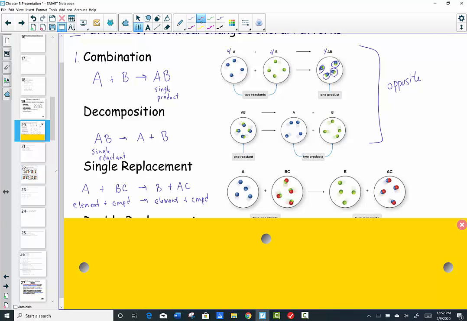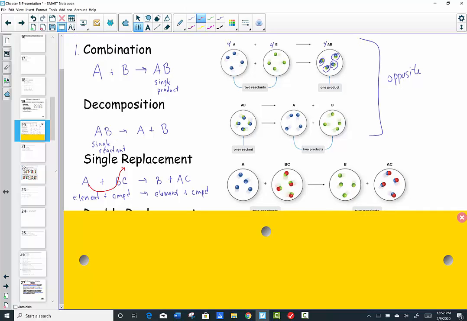Notice what happens here is that element A kicks out element B from the compound and steals its partner. A single exchange, a single displacement, single replacement, where the elements A and B swap places.